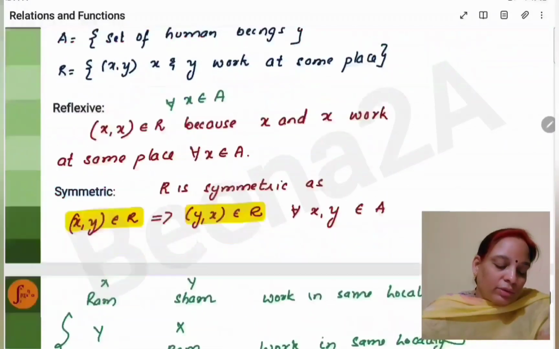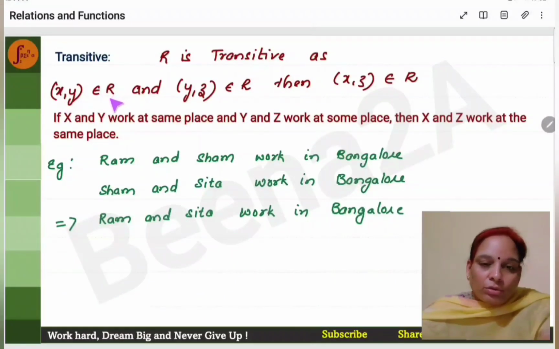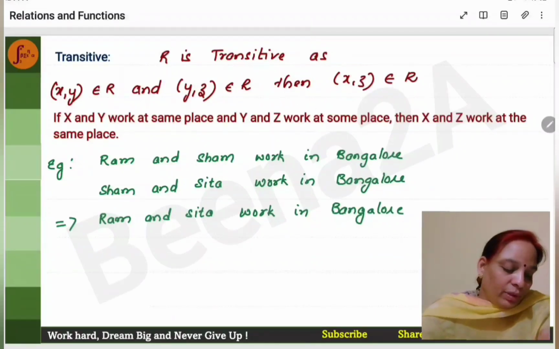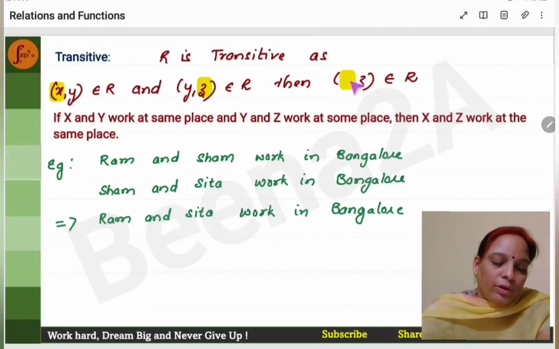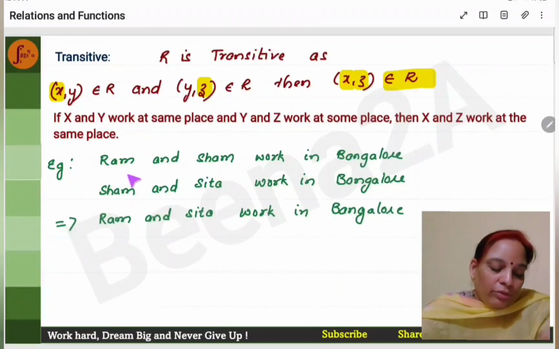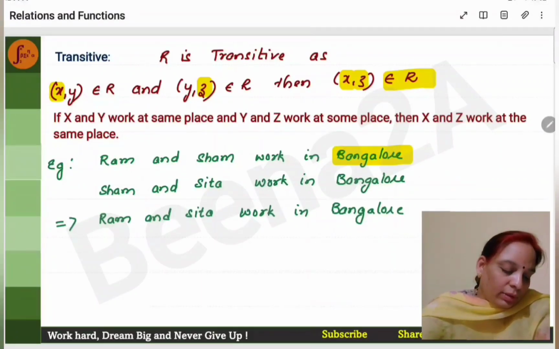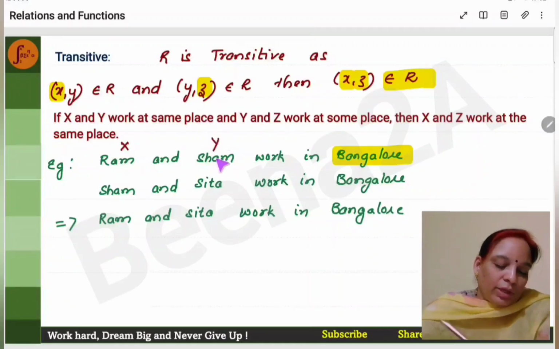Now for transitive. For transitive, what is the condition? If xy belongs to R and yz belongs to R, then xz should belong to R. The first element and the fourth element should belong to R. Now we'll take an example. If Ram and Sham work in Bangalore, same locality, say this is x, this is y.